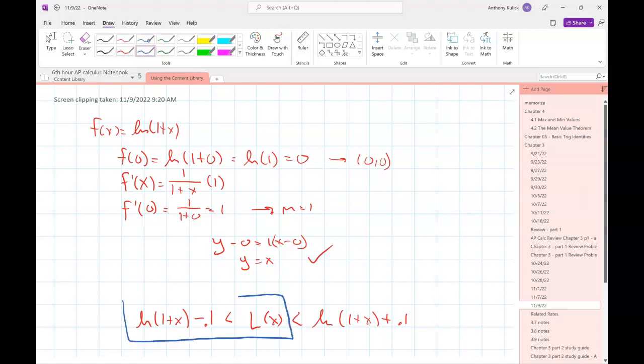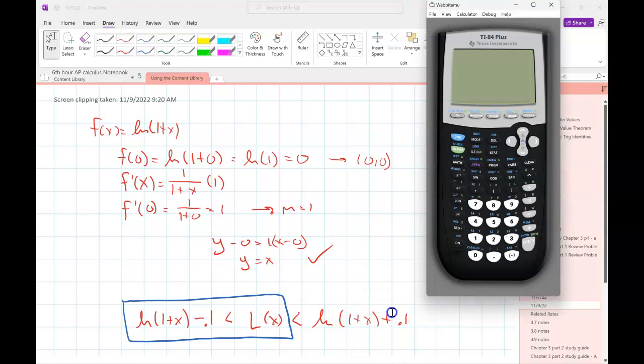I'm going to do it with the calculator because, quite frankly, when I see that natural log in there with an inequality, I don't love that. So I'm going to set a window here.